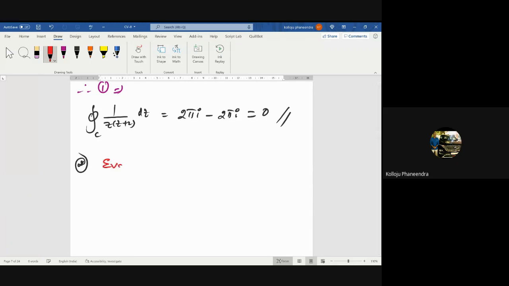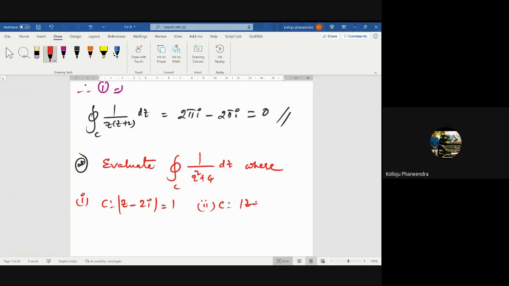Evaluate the integral over c of 1 by z square plus 4 dz, where first one, C is mod z minus 2i equal to 1. Second one, C is mod z plus 2i equal to 1. Third one, mod z equal to 4.